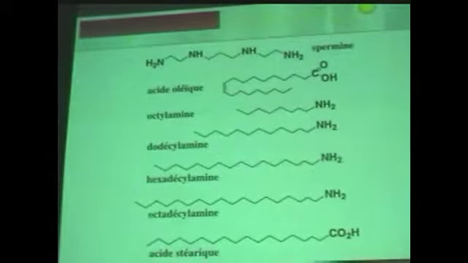So this slide is just to show you the very classically used stabilizing ligands. Usually we have two parts in those ligands.